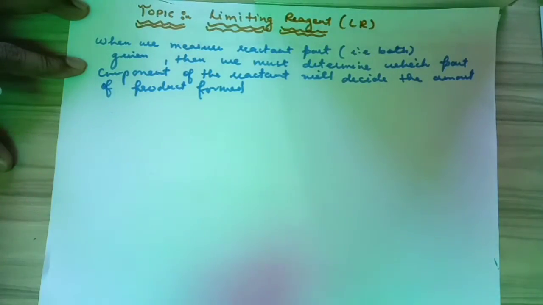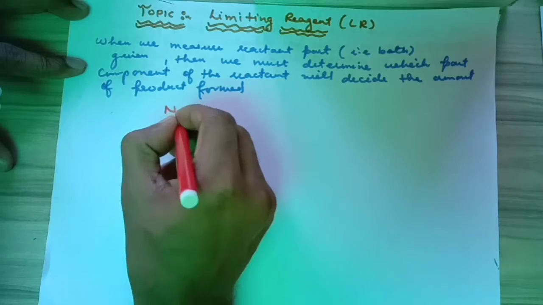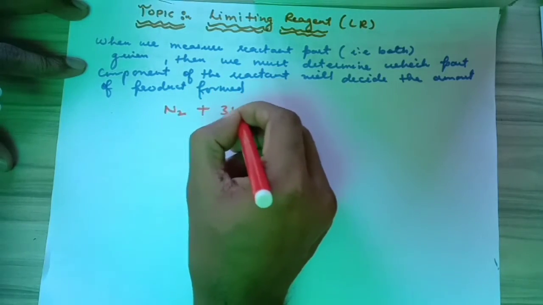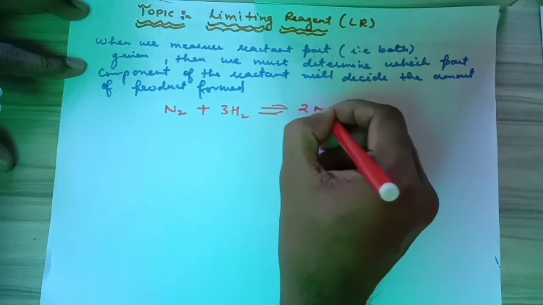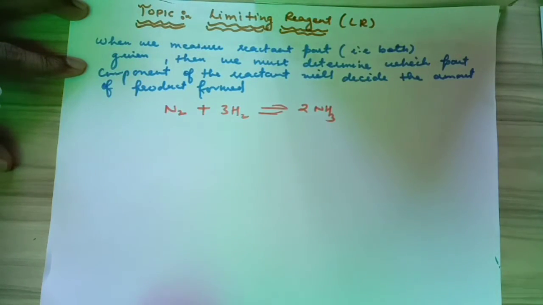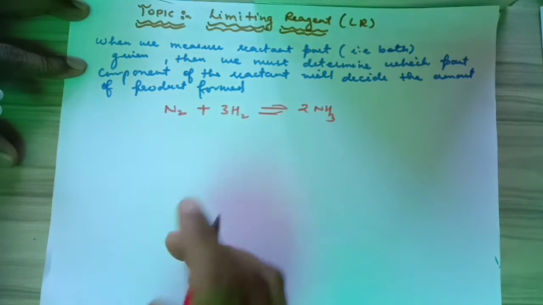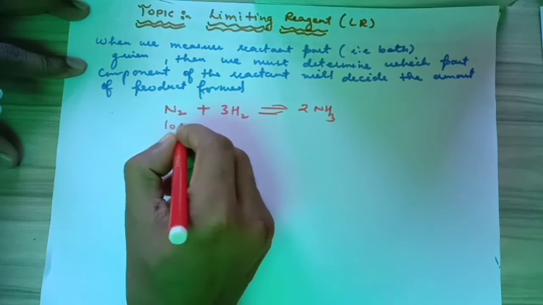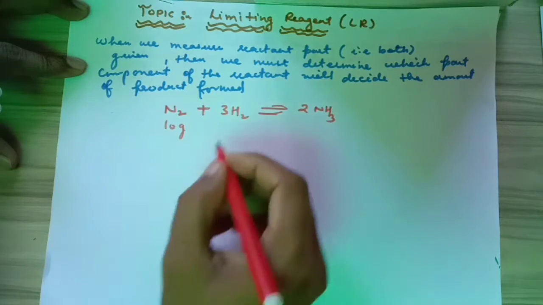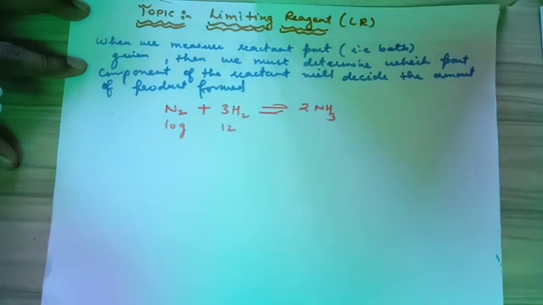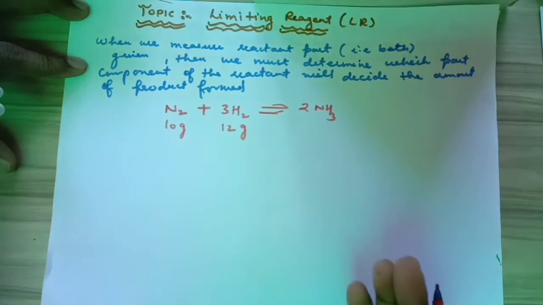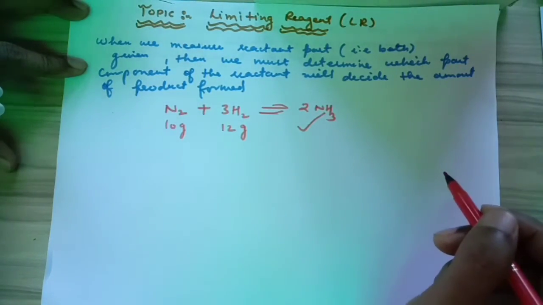Let's take an example. If dinitrogen reacts with dihydrogen, it will give us twice of ammonia. Now, suppose if 10 gram of nitrogen is given and also 12 gram of dihydrogen is given, then how can we decide the amount of product formed, that is ammonia?